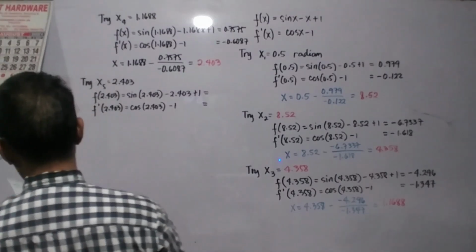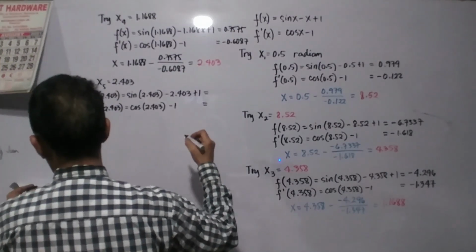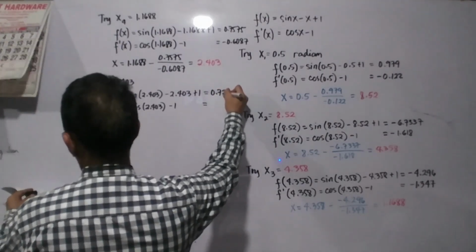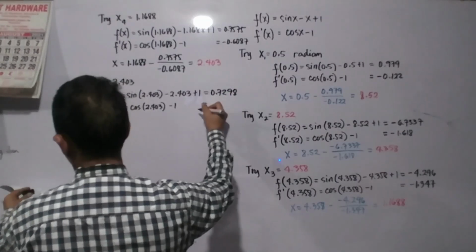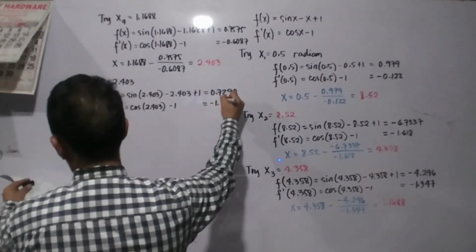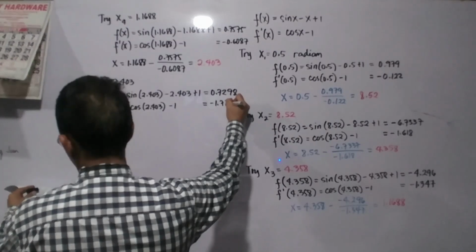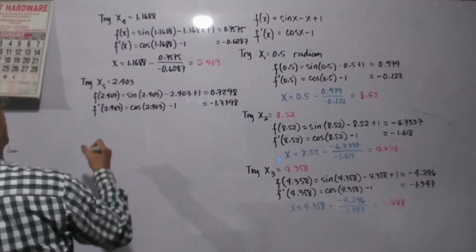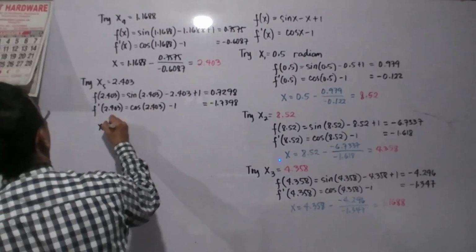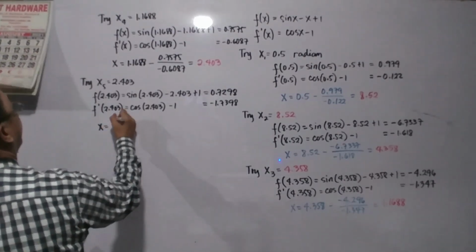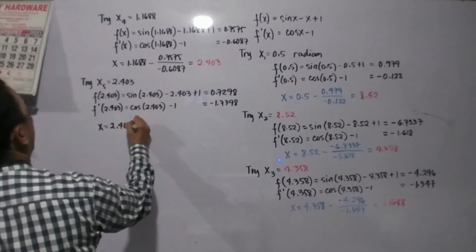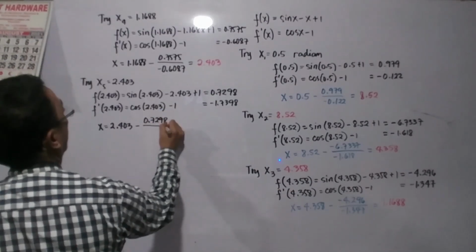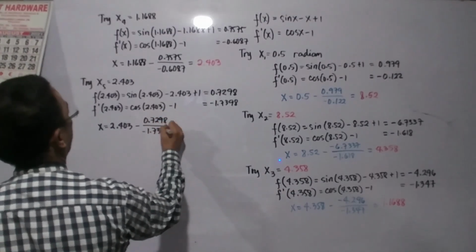We try 2.403, we have 0.7298. And the other one is negative 1.7398. Then substitute values, we have now 2.403 minus 0.7298 over negative 1.7398.